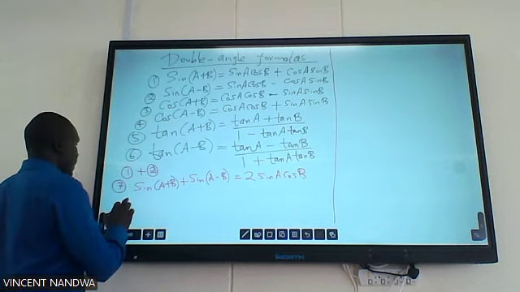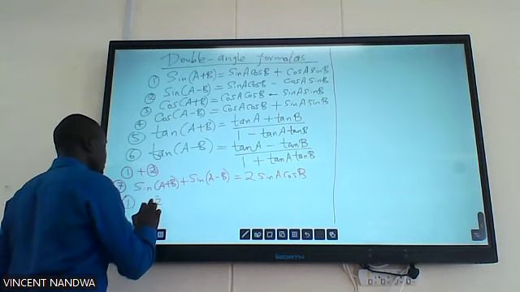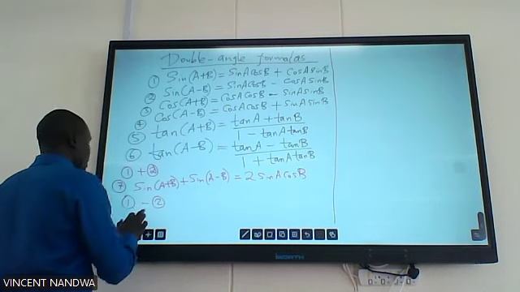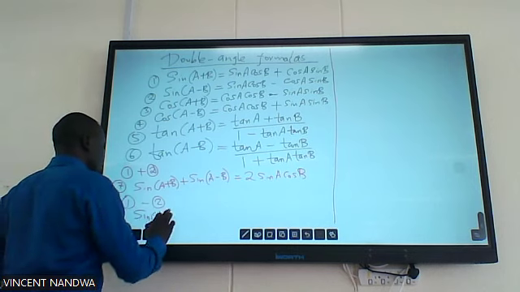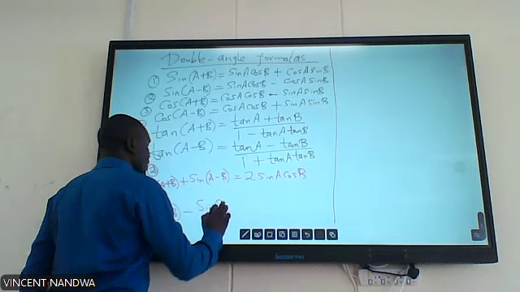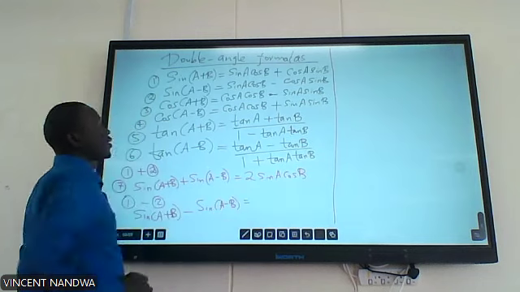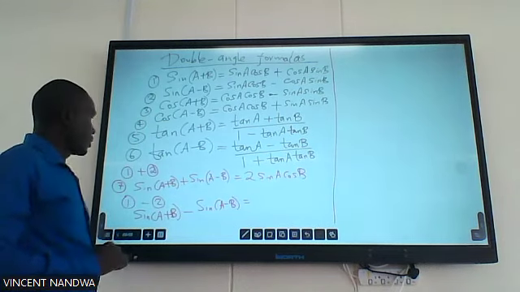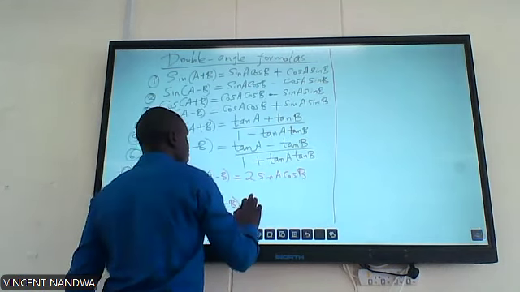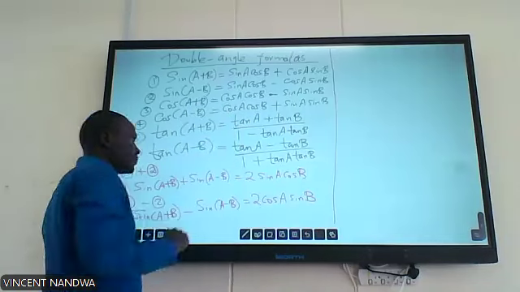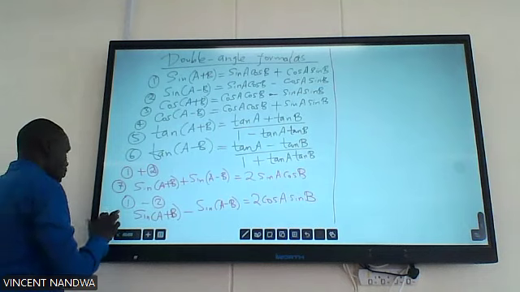And then 1 minus 2. I want us to subtract 2 from 1. So I'll have sine of A plus B minus sine of A minus B. So what do you get? 2 cos A sine B. You can call this one 8.